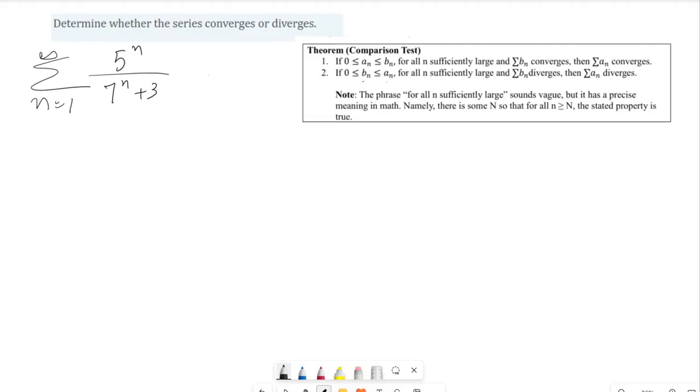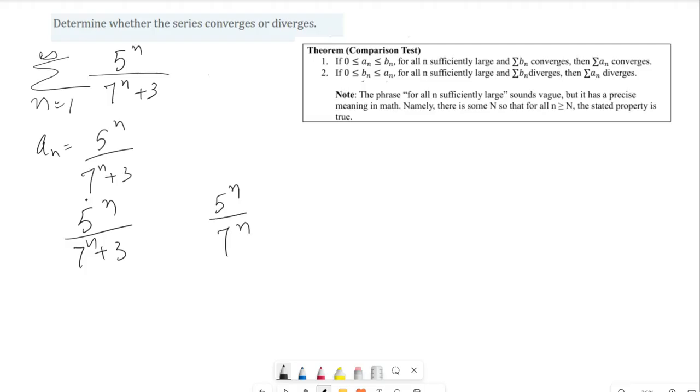Let's have another example: 5^n by 7^n plus 3. The general term here is 5^n by 7^n plus 3. Let's write it down. I'm going to suggest another term, 5^n by 7^n. Now you guys are seeing a pattern, I've just removed the 3.